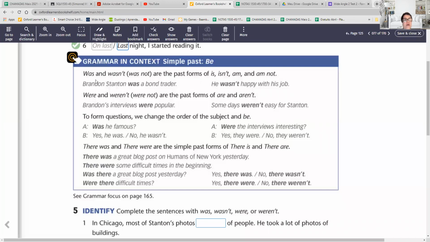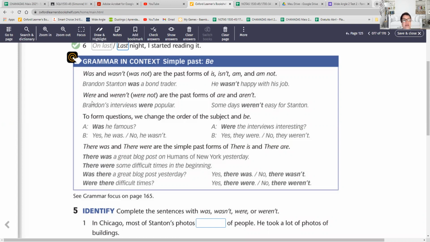So, was and wasn't, was not are the past forms of is, isn't, am, and am not. Example, Brandon Stanton was a bond trader. He wasn't happy with his job.